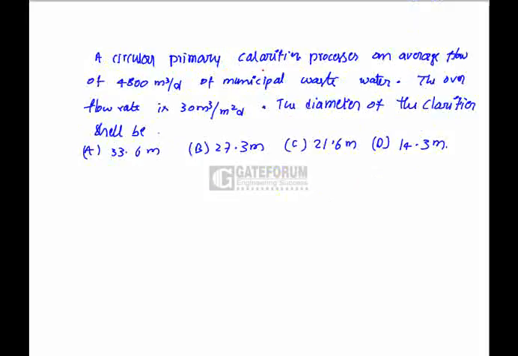A circular primary clarifier processes an average flow of 4800 cubic meters per day. So the average flow Q we can consider is equal to 4800 cubic meters per day of municipal wastewater.